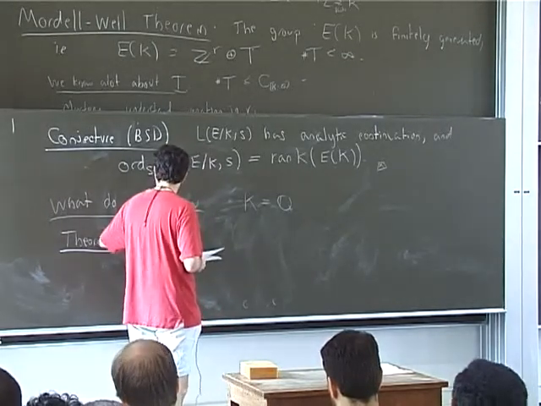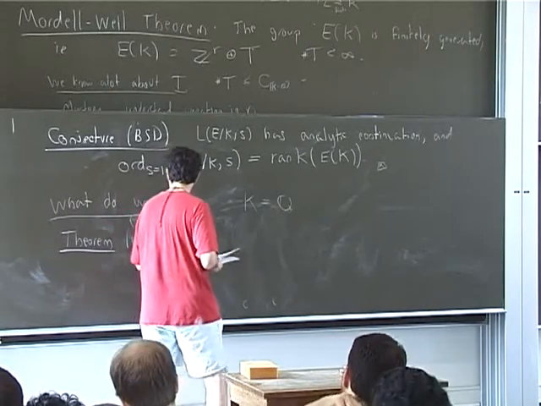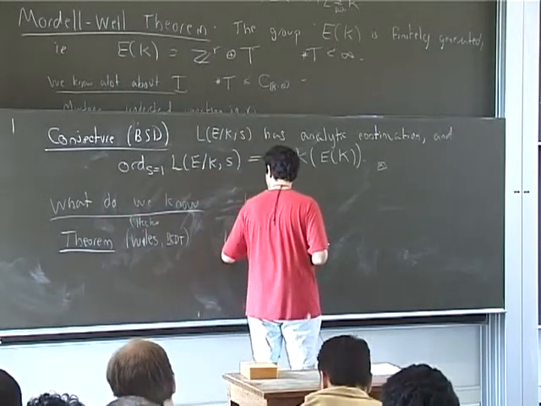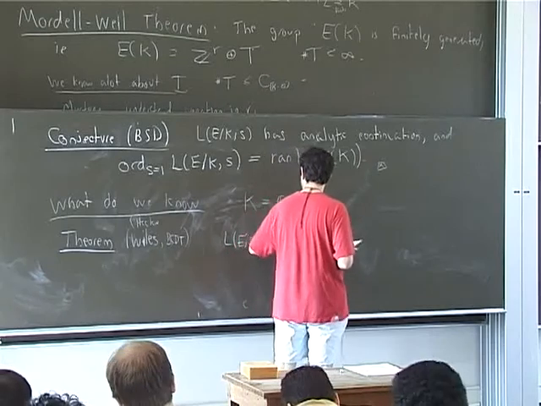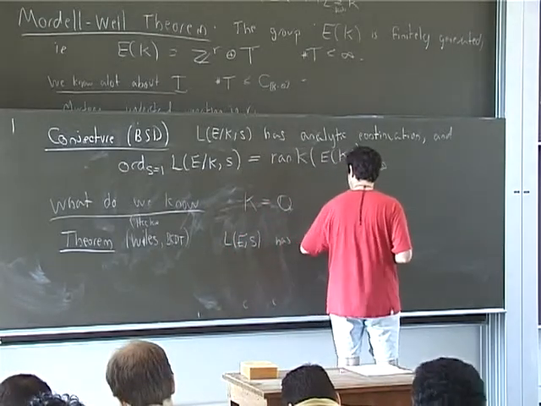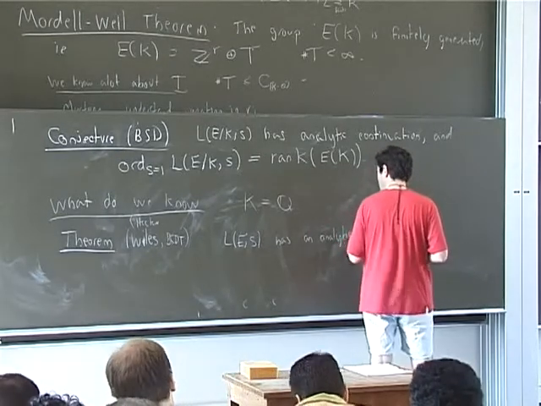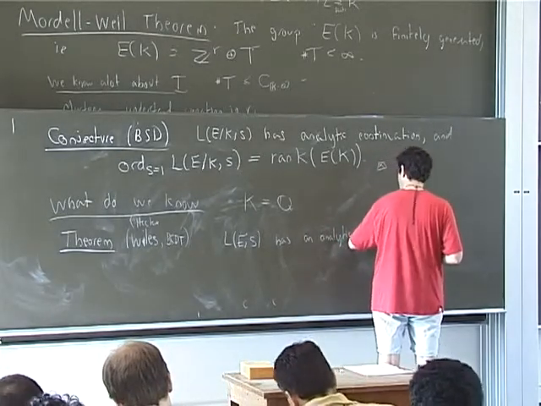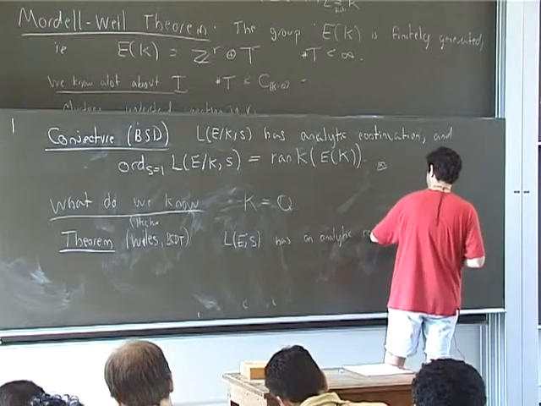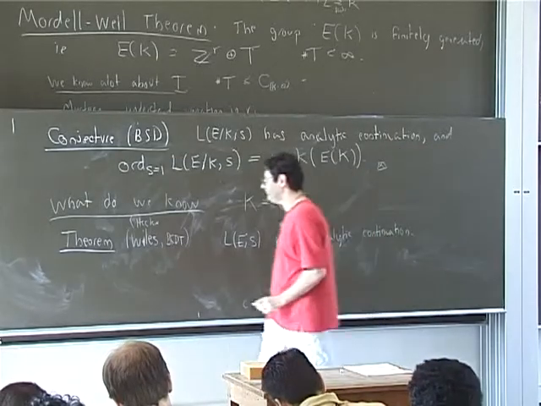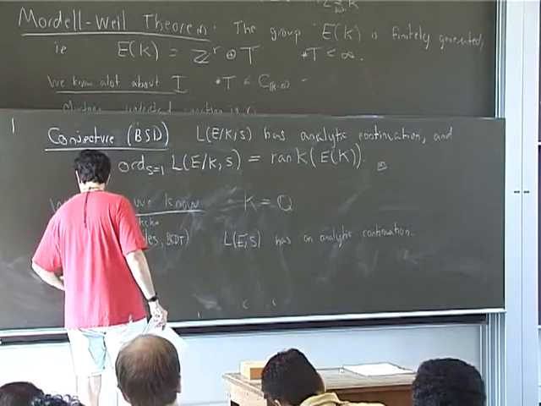And I should also put the name of Hecke here. The L series, the Hasse-Weil L series L(E,s), does have an analytic continuation. So we at least can talk legitimately about the behavior of this function at s equals 1. That's the first result we know.